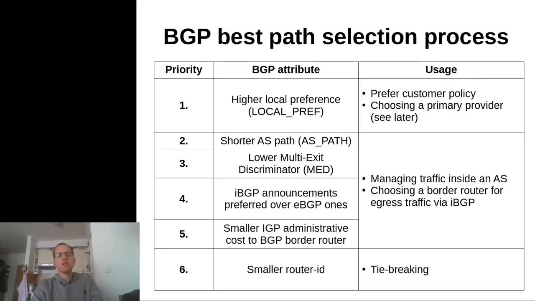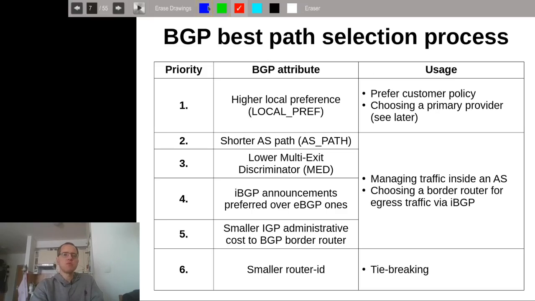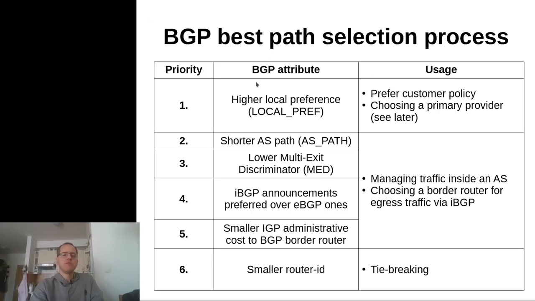A little bit more detail about the BGP best path selection process. This is not here for you to actually learn. This is here for everyone to at least once in their lifetime see how the best path selection process works, because this is really inherent to BGP. The big idea is again that the first decider is the local preference.